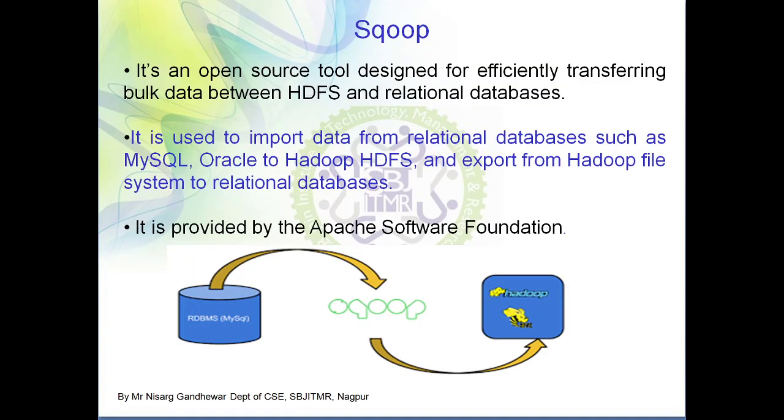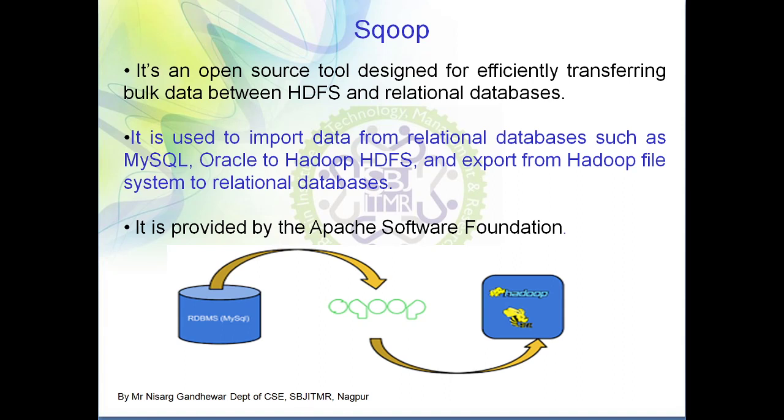So very first we discuss Sqoop. I just told you there are 3 types of data we have to deal with: structured, unstructured, and semi-structured. In order to extract structured data from a particular resource and store it in HDFS, we are going to make use of Sqoop. Sqoop is an open source tool designed for efficiently transferring bulk amounts of data between HDFS and relational databases.